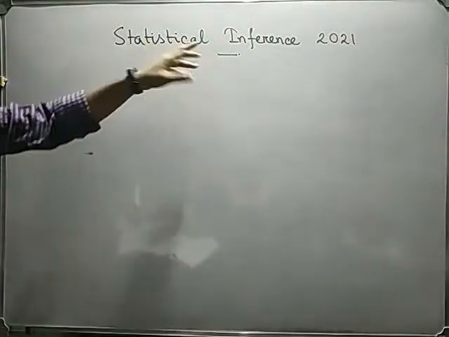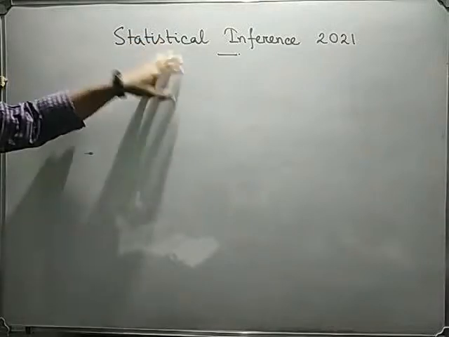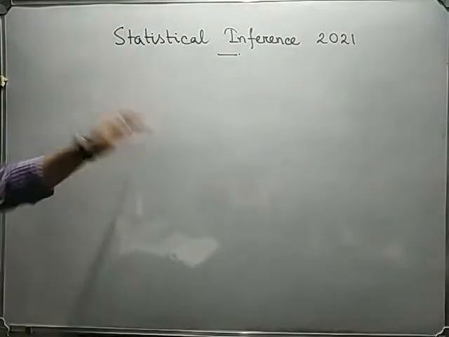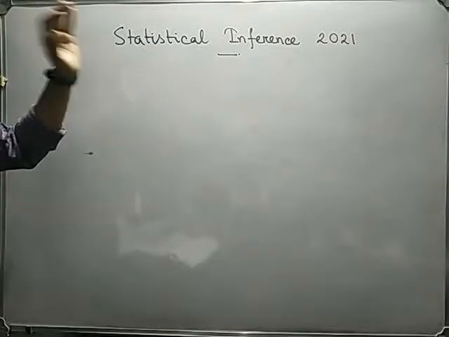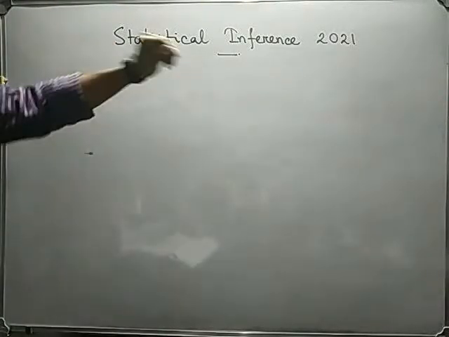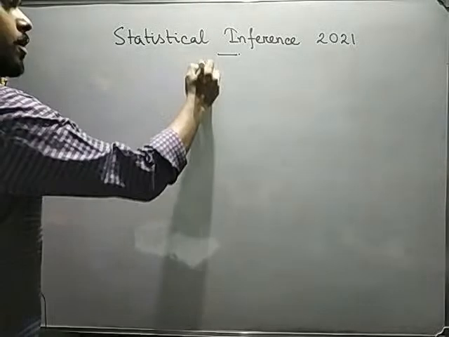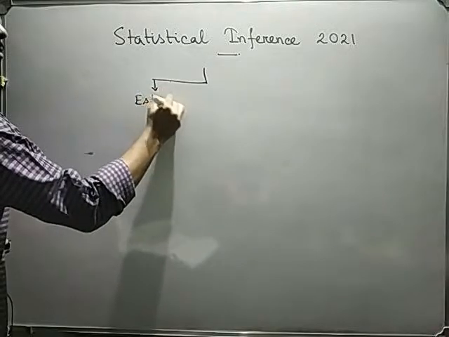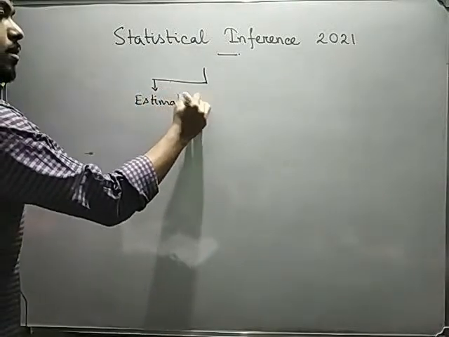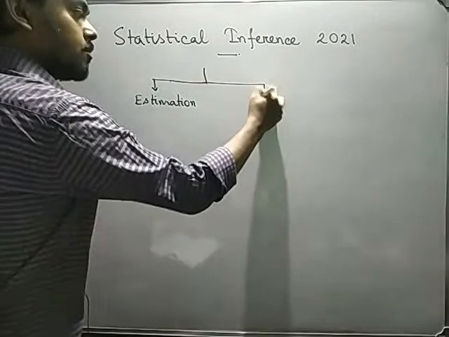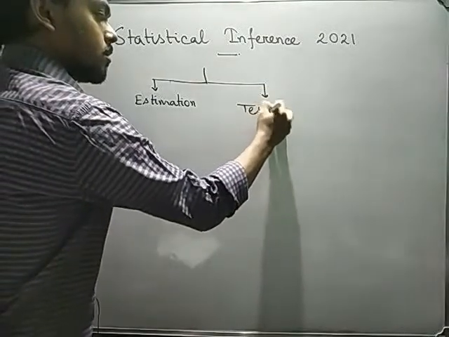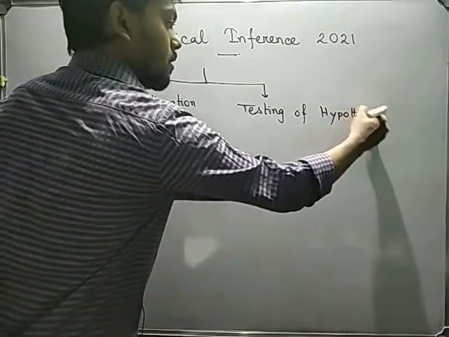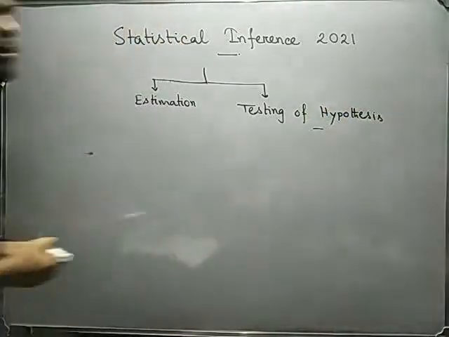Okay, so we'll start the topic statistical inference. We'll start with the basics of statistical inference today, and the next day we'll do the advanced parts and examples. Statistical inference can be divided into two parts: estimation, and the other one is testing of hypothesis.